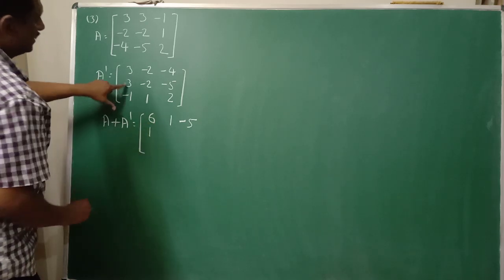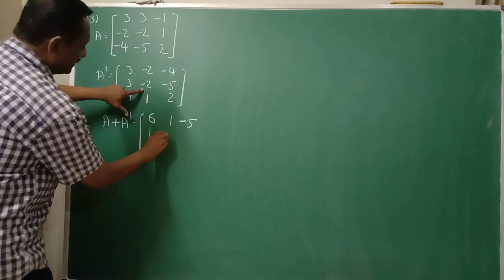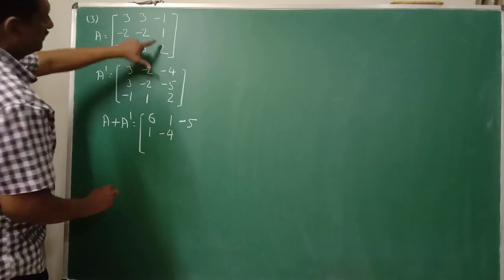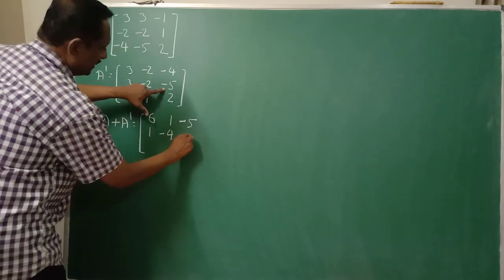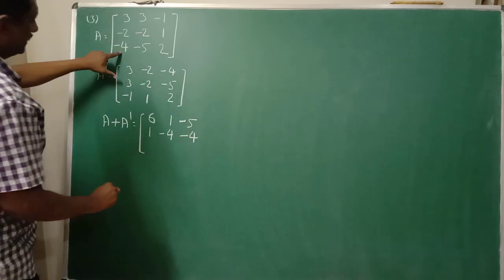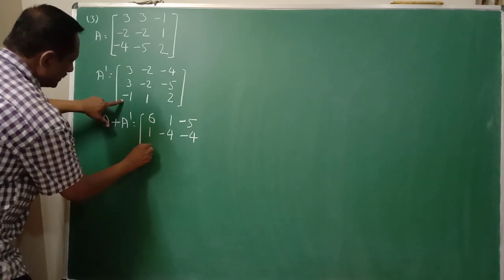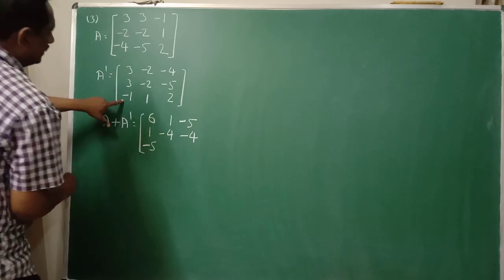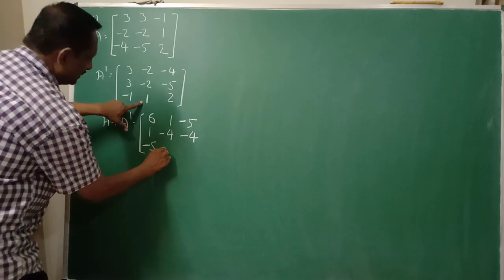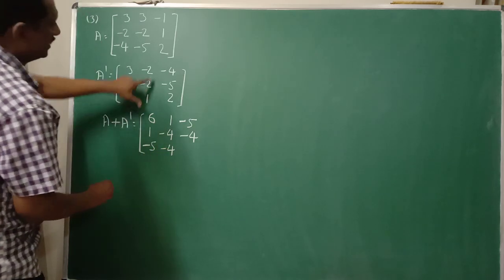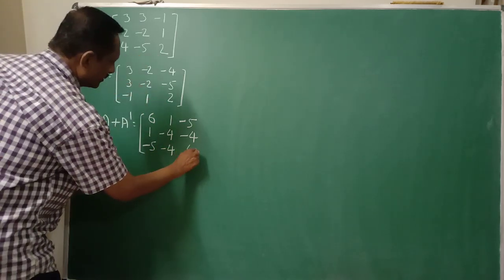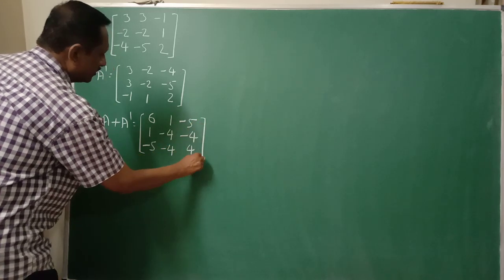Minus 2 becomes a minus of 4. 1 minus 5 is a minus of 4. Minus 4 minus 1 is a minus of 5. Then minus 5 plus 1 is a minus 4. 2 plus 2 becomes a 4.